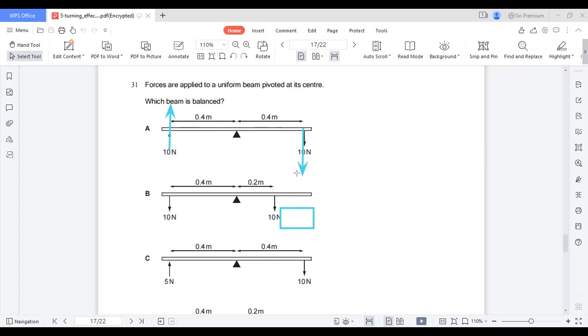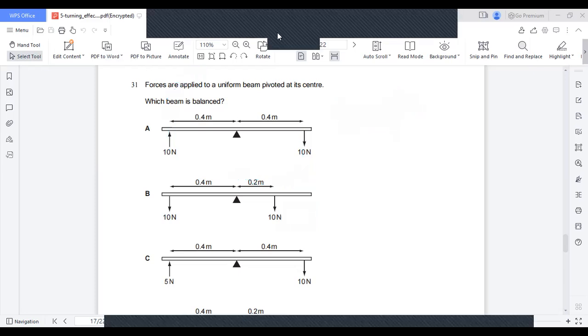You can see in case of which the beam is balanced: this force is going to create a clockwise movement, and this force is also going to create a clockwise movement. So it's a kind of couple. It wouldn't be balanced, but a couple in which both moments support each other to make a rotation. So A is not a balanced situation. A is incorrect.